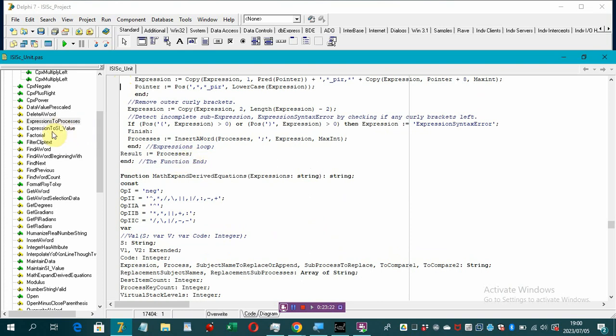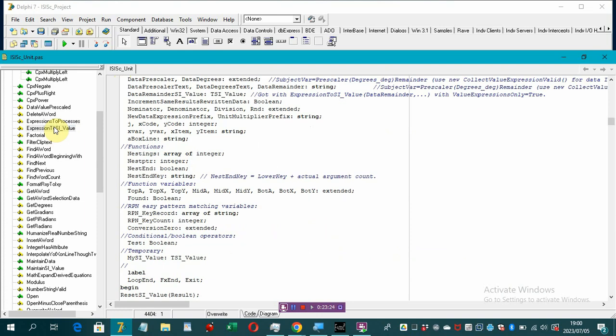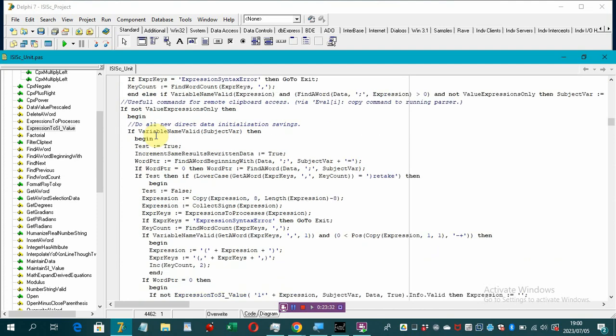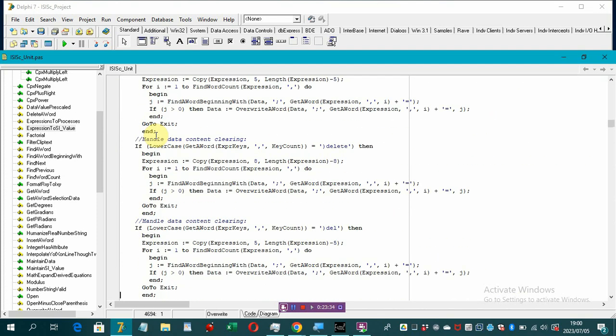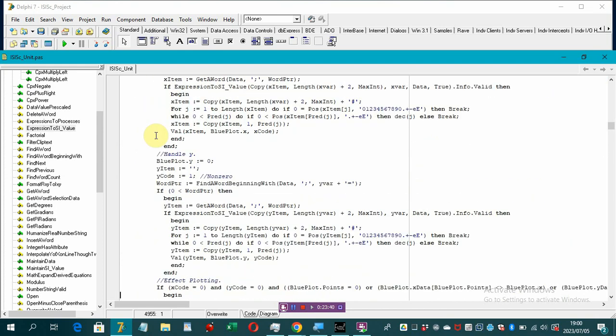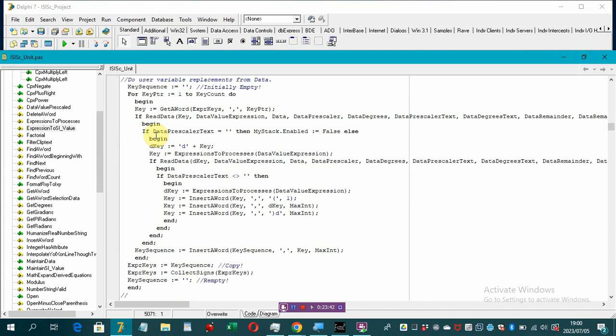Expression to SE value is probably impossible to go through even with page down, so I'm just going to go fast through it and see if I see any interesting things. That's the main calculation engine we're going through now.